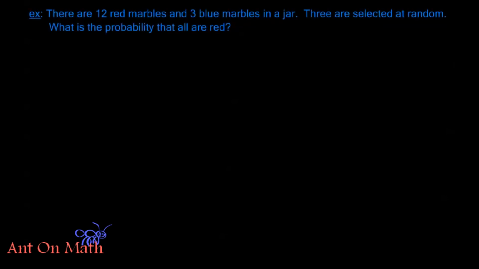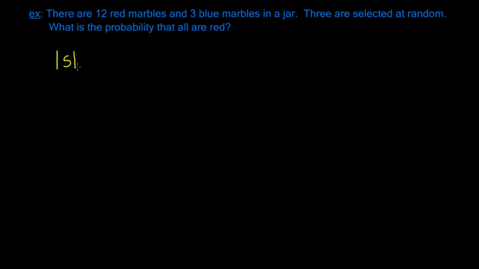First, there are 12 red marbles and 3 blue marbles in a jar. 3 are selected at random. What is the probability that all are red? So what we're doing in this, we're going to break this down into a uniform environment like we've been talking about. 3 are selected at random. So we need to break this down into the environment where S is all the possible ways of choosing 3 things.